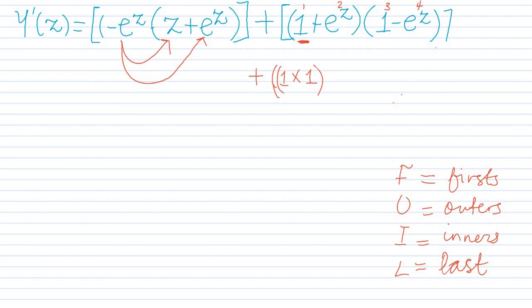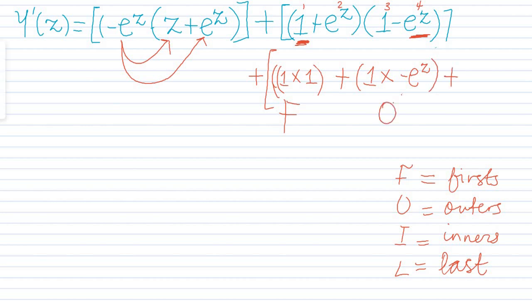What is the quantity that is closer to the outer surroundings? 1 in this case is for this bracket, and 4 is for this bracket because e to the z is closer to the outside environment. So this is first here, then we do that plus the multiplication of the outers, the same thing as saying 1 times negative e to the z. So that's FOIL, outers plus inners.